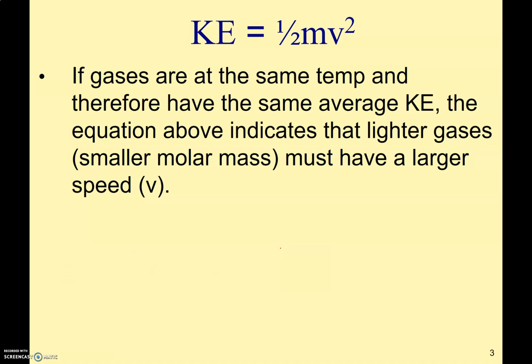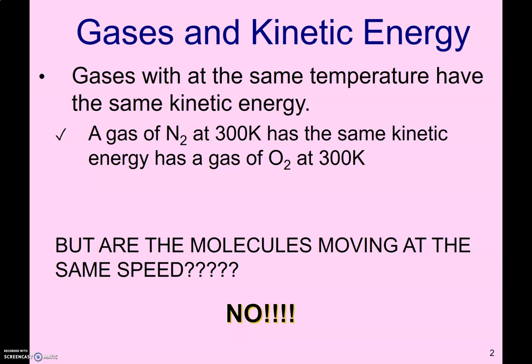They'll hit the wall with the same amount of kinetic energy, because the heavier one will have more mass but less speed, and the lighter one will have less mass but more speed. So let's say you have N2 gas and O2 gas at the same temperature.